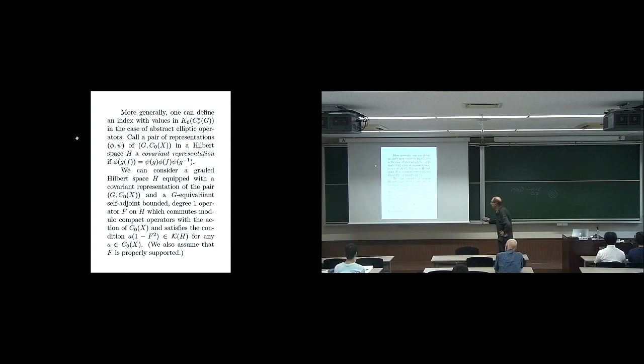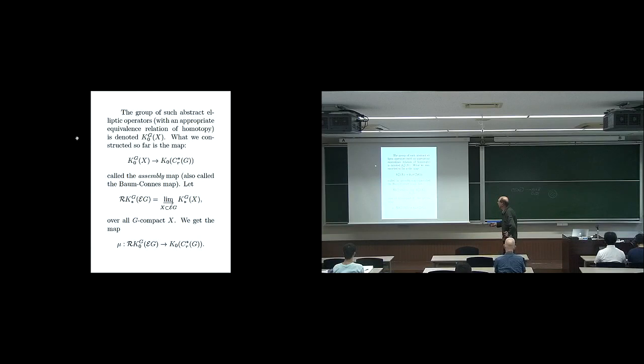This is an abstract version of operators on a manifold, and this still gives you an element of the K-theory of C star of G. So the abstract elliptic operators are elements of this geometric group, and you associate to them an element of the K-theory of the group C-star algebra.